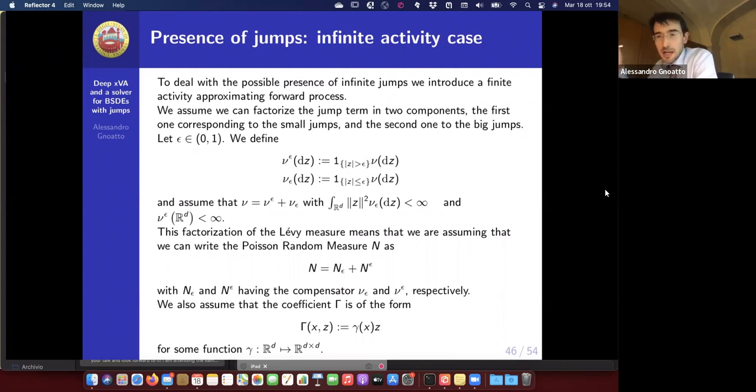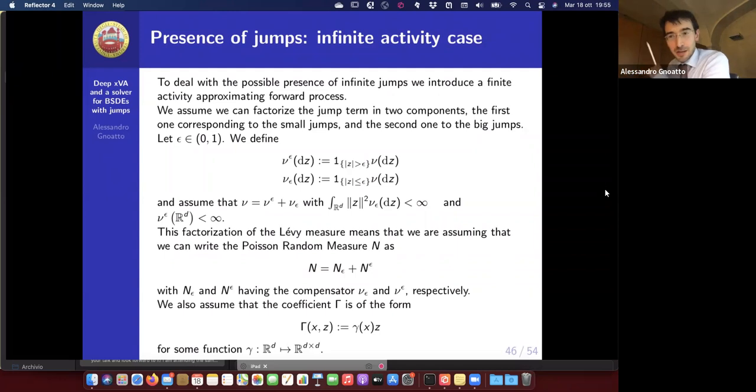Anything that has a jump size larger than epsilon is a jump of a compound Poisson process. Anything which has jump sizes smaller than epsilon can be approximated by a Brownian motion. So the idea is I substitute the true forward SDE with an approximated jump diffusion, and then I can use the solver again.